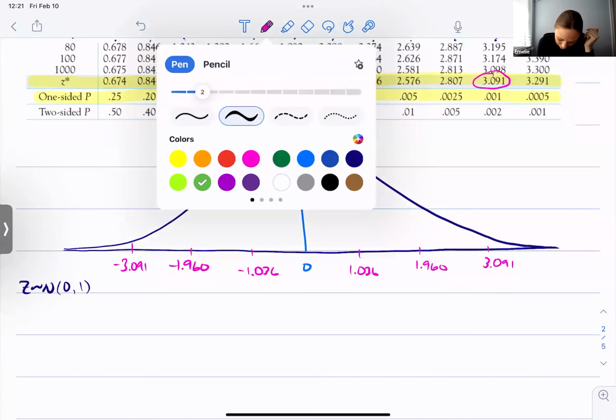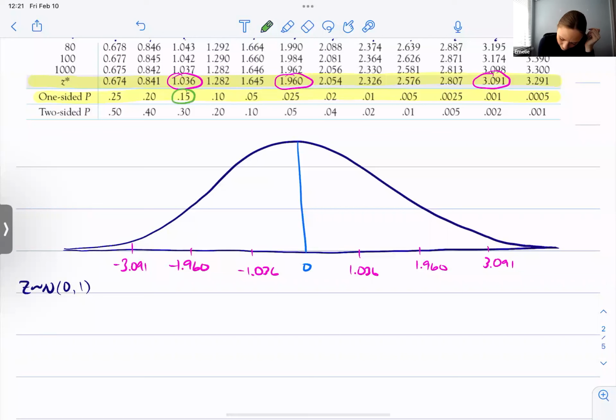The one-sided P just means the area in one of the tails, whether it be the negative or the positive, it doesn't matter. So I'm going to start there, and I'm going to draw here 1.036. If I'm shading, there's a lot of overlap and it can be hard to see.